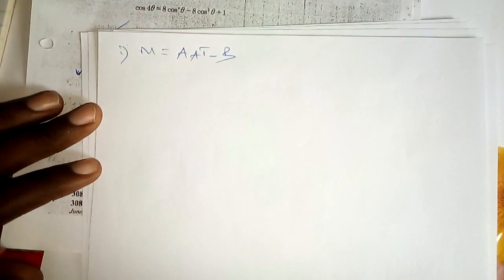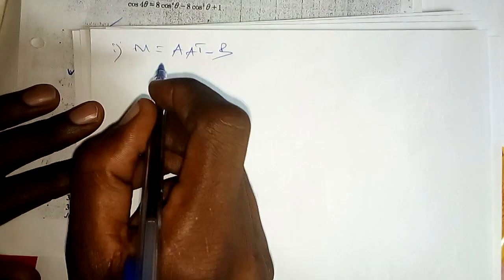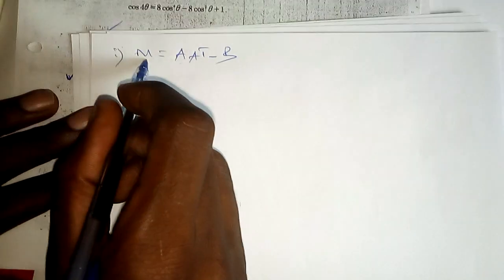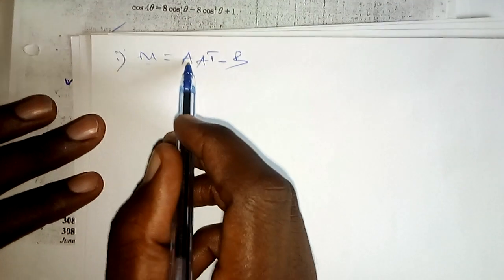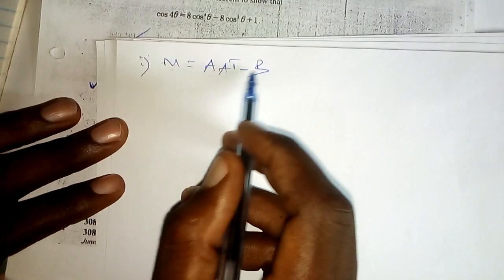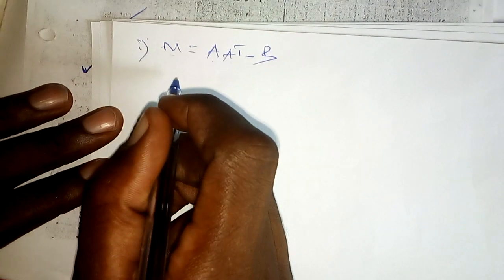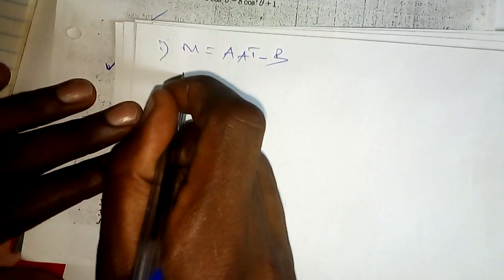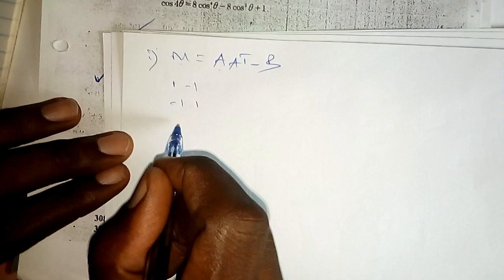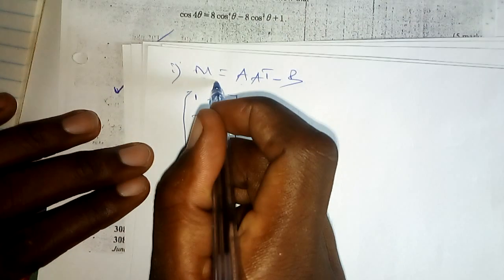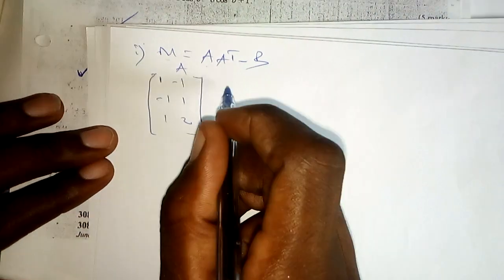So it means for you to get M, you must know A transpose minus B. This is matrix A: 1, -1, -1, 1, 1, 2. What about its transpose?